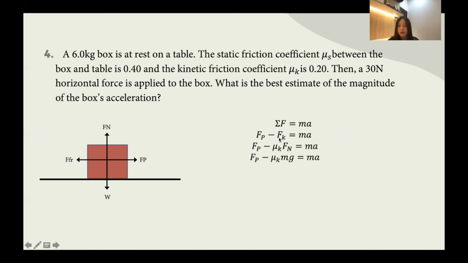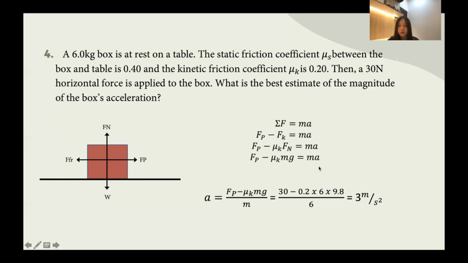The kinetic friction can be substituted into coefficient of kinetic friction times normal force, and the normal force into mass times gravity, so we simplify that applied force minus coefficient of kinetic friction times mass times gravity equals mass times acceleration.